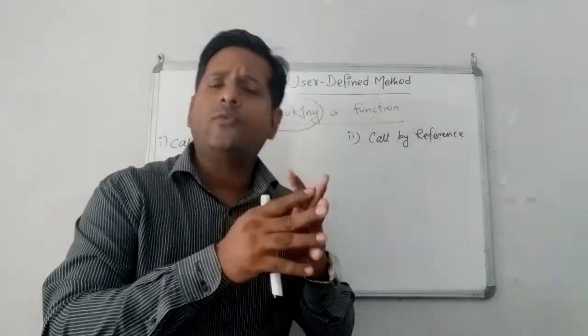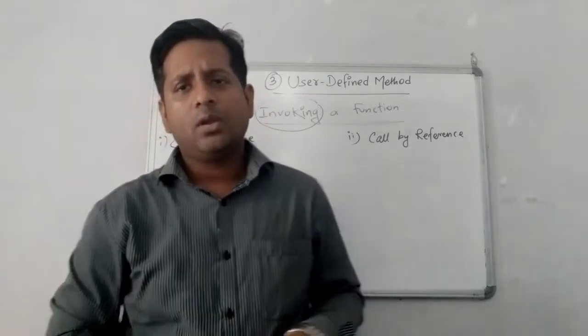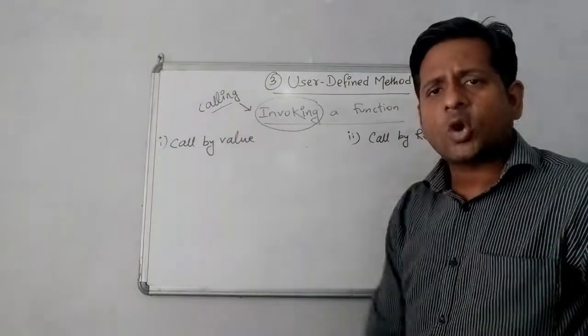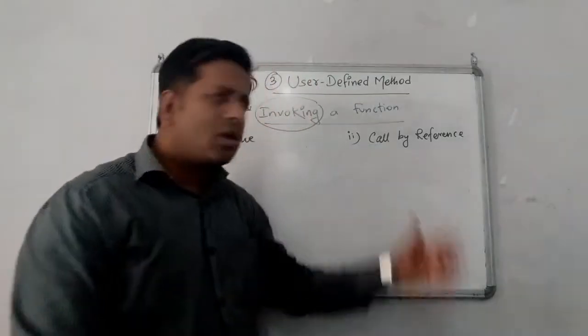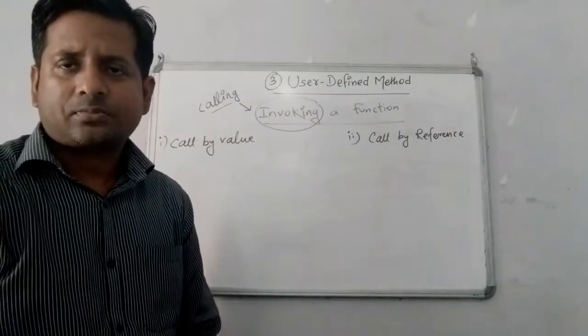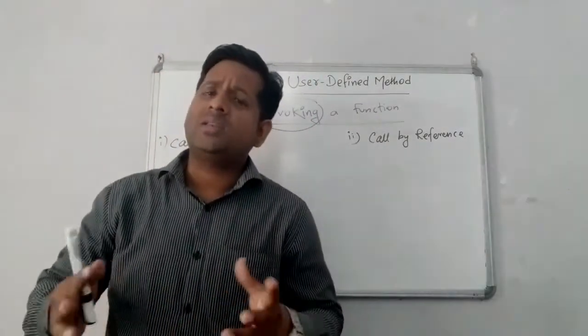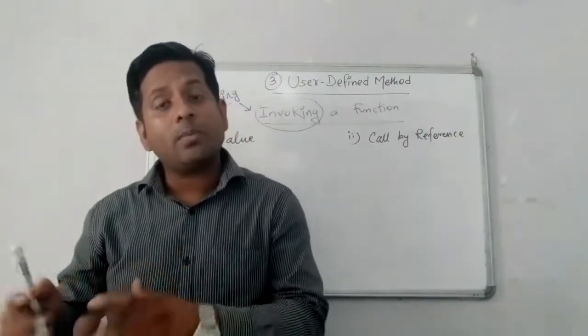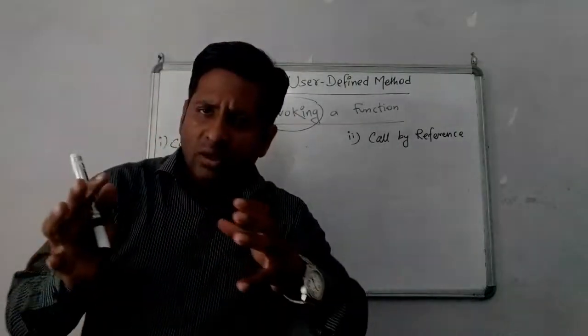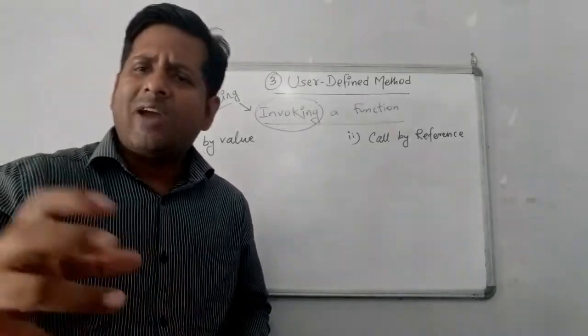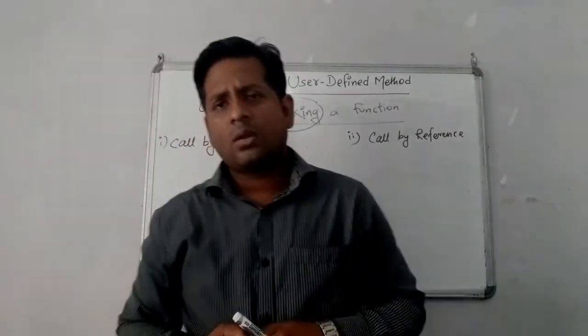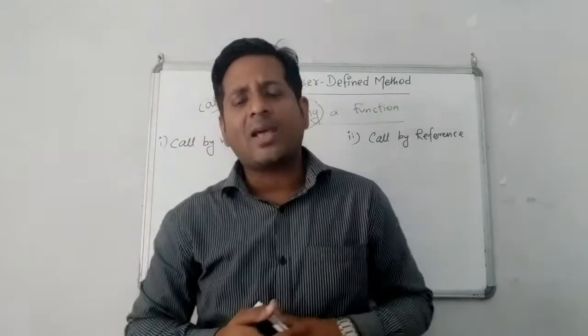And there are two different ways of invoking a function. You can see here, first one is call by value and the second one is call by reference. Now the question arises, what is call by value and what is call by reference? In general terms, value means directly with numbers and reference means through someone, channelizing.